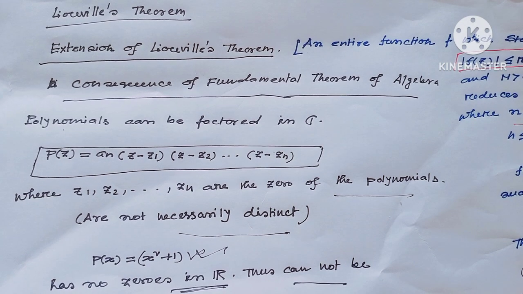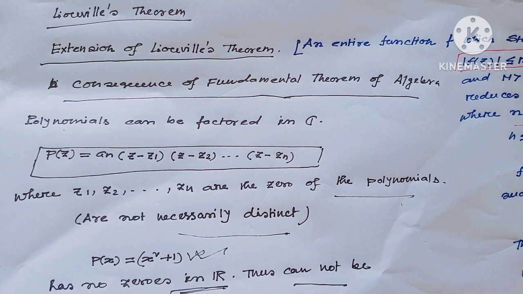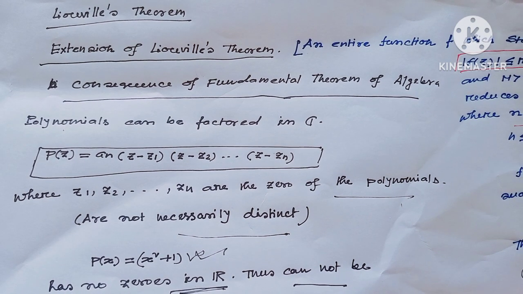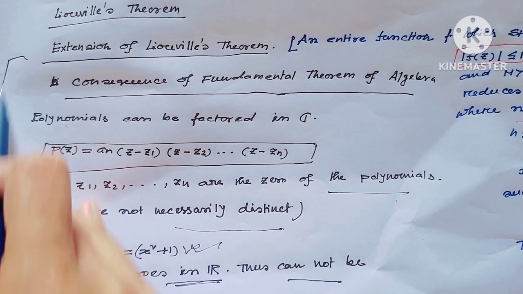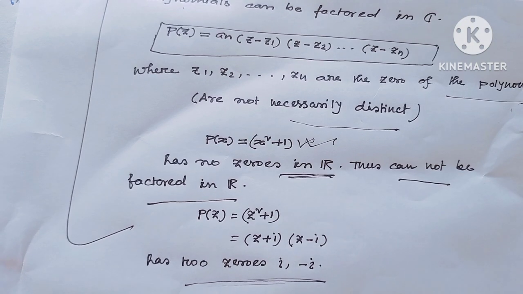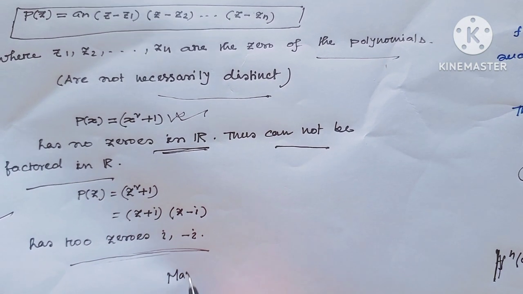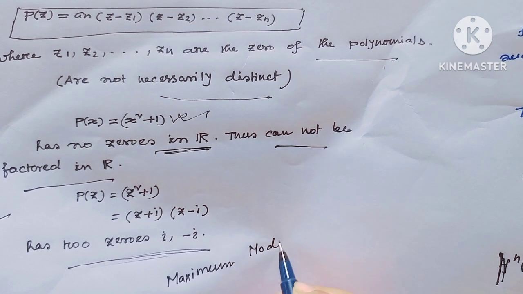So a polynomial can always be factored in complex numbers. Obviously the roots are not necessarily distinct. I hope all my viewers have understood. In my previous video I had discussed this part elaborately. Today, I will see what is the maximum modulus theorem.